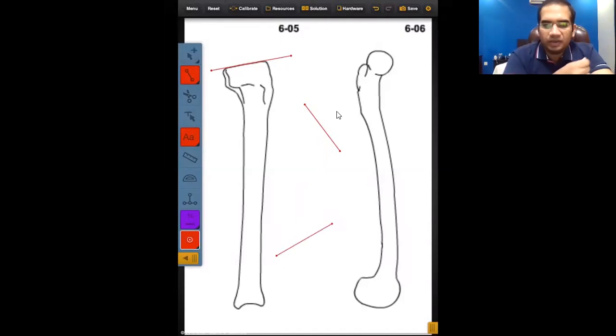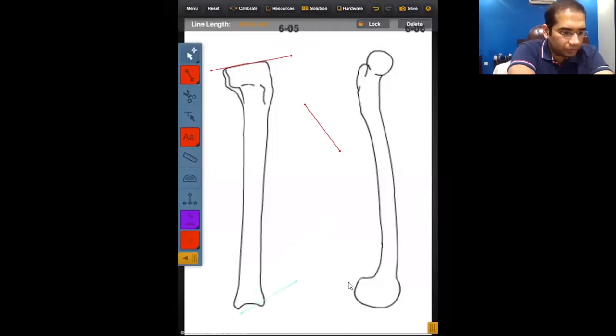Then, as you can all appreciate here, the ankle joint is cup shaped, and posteriorly there is an overhang. So the joint orientation would be, you'll connect the lowest point on the anterior lip and the posterior lip. And when you join these, you will get the joint orientation line of your ankle.